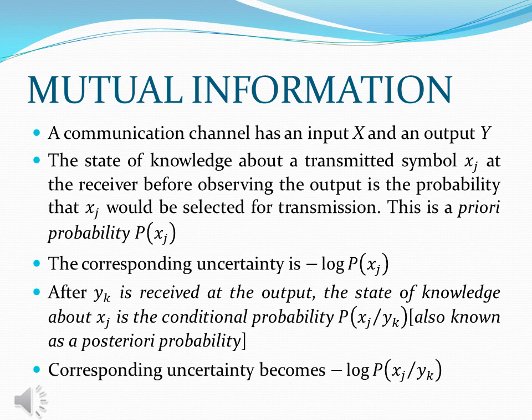After Yk is received at the output, the state of knowledge about Xj is the conditional probability P of Xj provided Yk received, also known as posteriori probability. Corresponding uncertainty now becomes minus log P of Xj given Yk received.